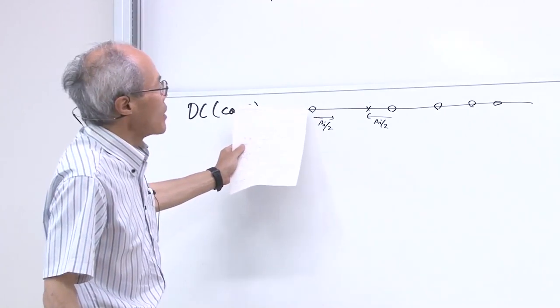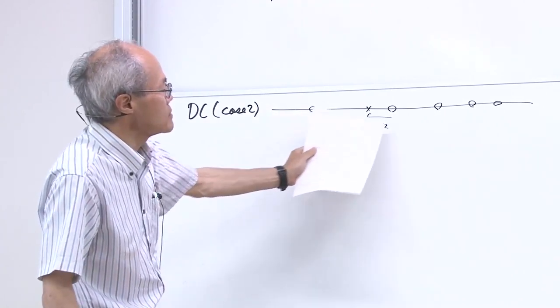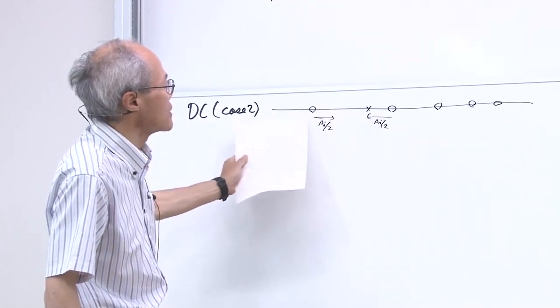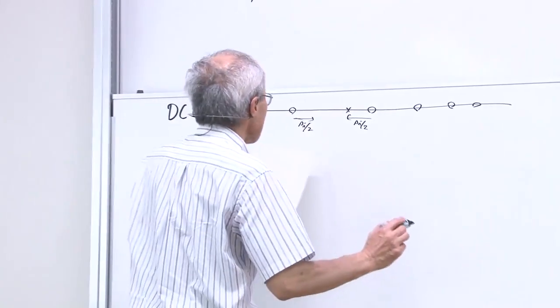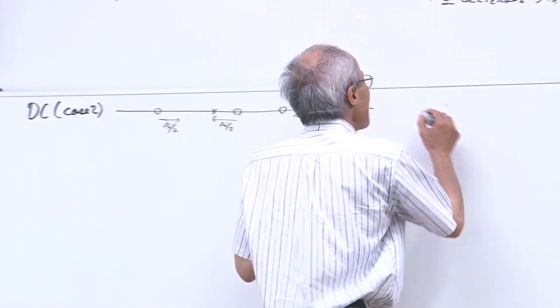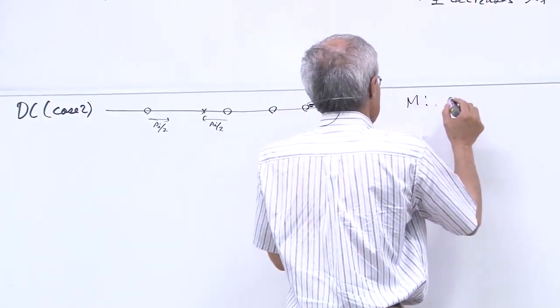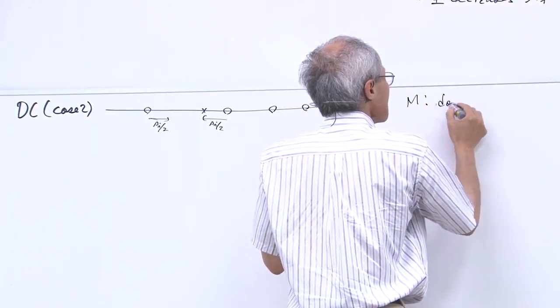That means s_i over 2 from here to here, and s_i over 2 from here to here. Then M does not change.